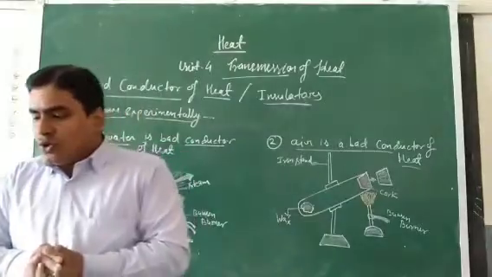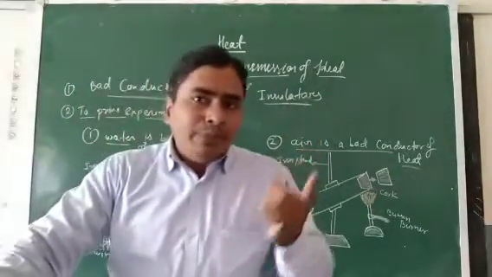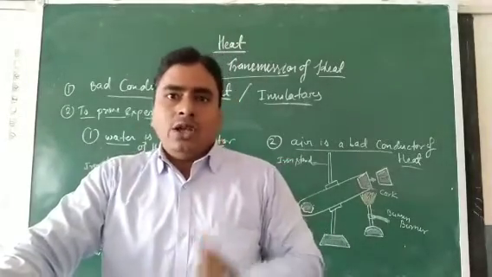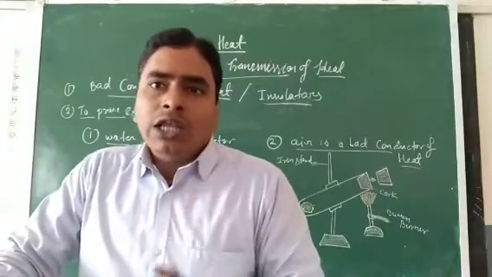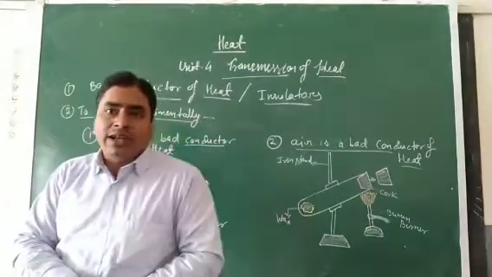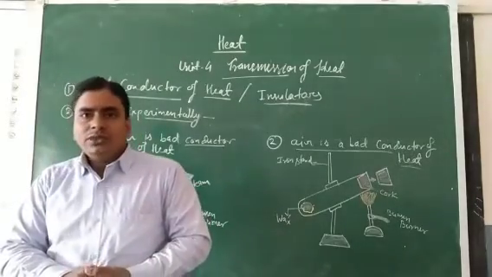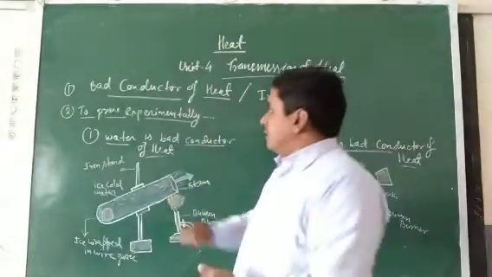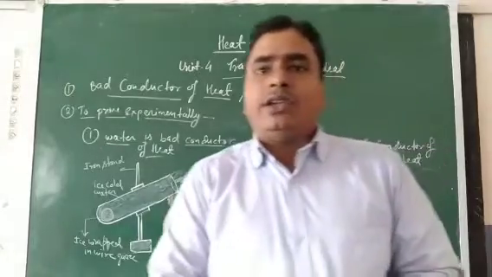All liquids except mercury are bad conductors too, because, as I told in the previous class, mercury is a good conductor, not a bad conductor. Water and air are also bad conductors of heat.